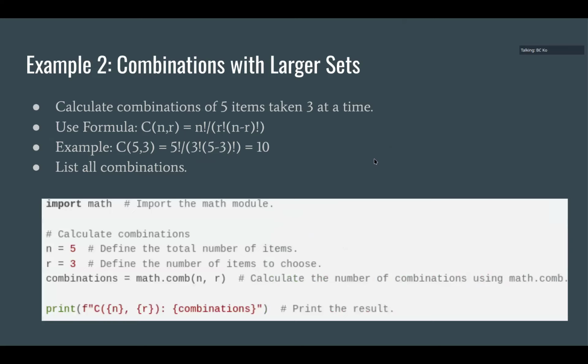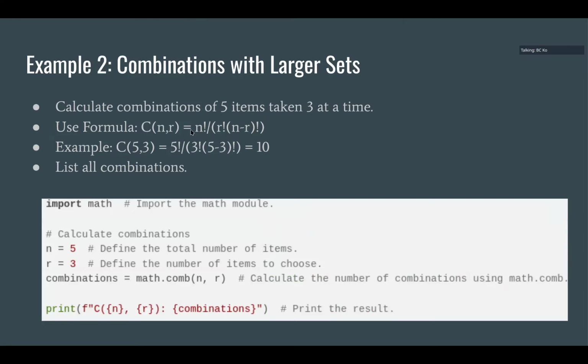Example 2, combinations with larger sets. If we consider a larger set, we want to calculate the combinations of 5 items taken 3 at a time. Again, you can use this formula and set n to 5 and r to 3.